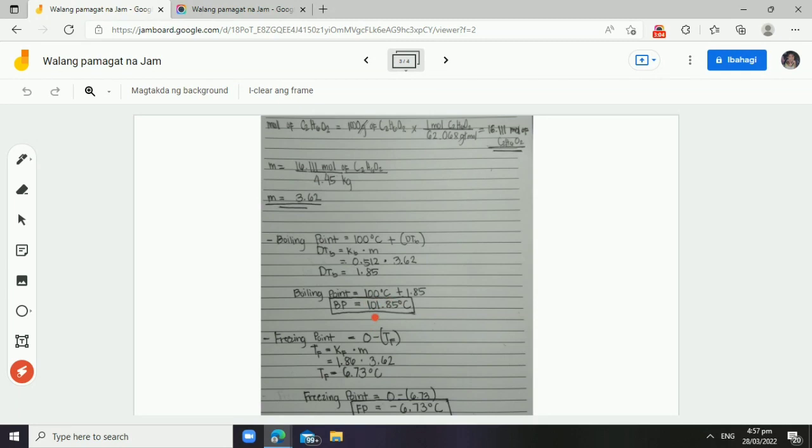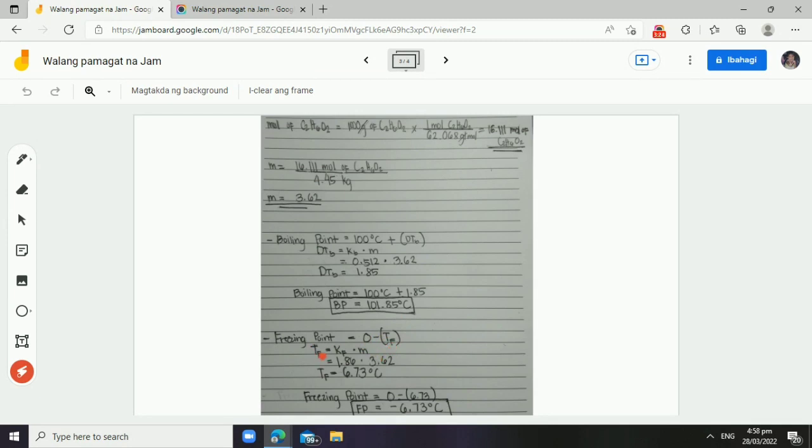Next is the freezing point. The freezing point of water, our solvent here in the problem, is 0 degrees Celsius, minus dTf, which is the freezing point depression. The formula is Kf, the freezing point depression constant, multiplied by the molality.